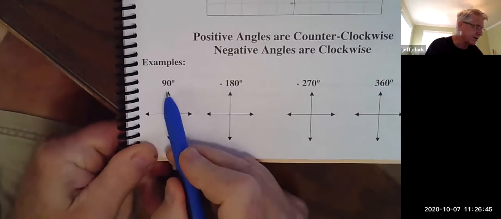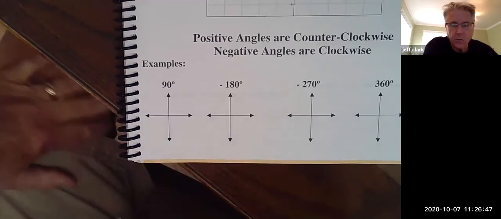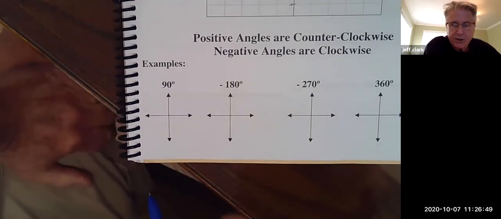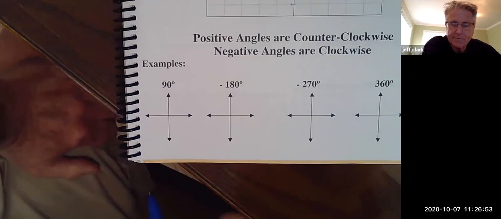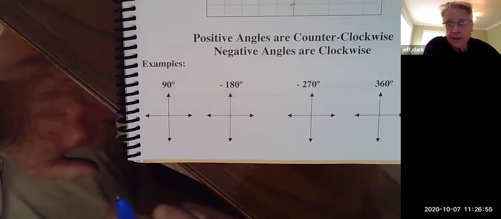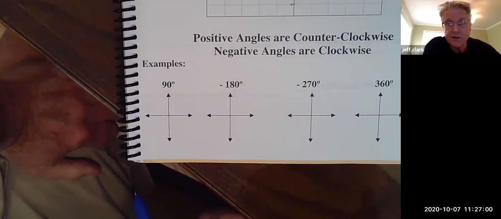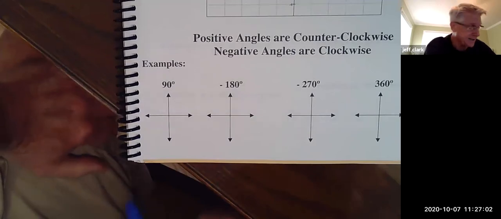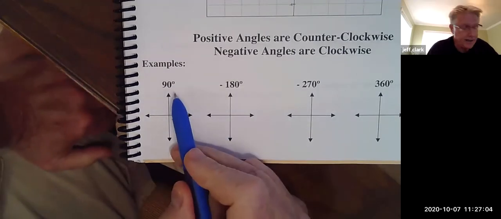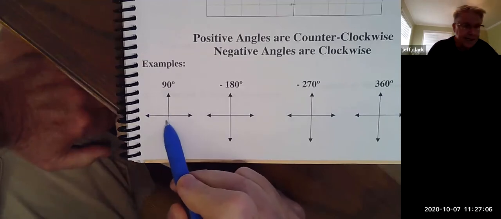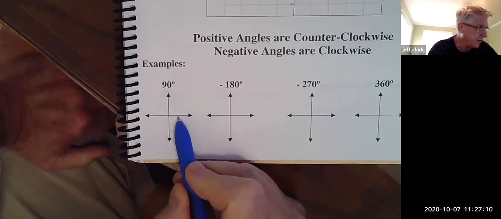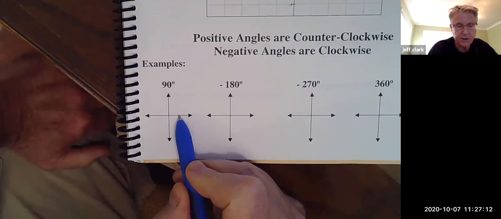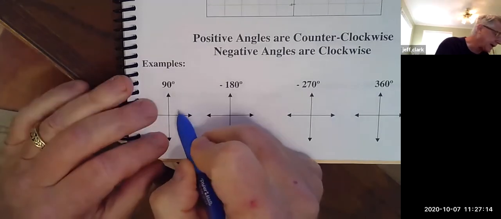So for instance, here's your XY axis. We always start on the positive x-axis when we indicate the look of an angle in standard position, as they call it. An angle in standard position always starts at the positive x-axis. So when I draw 90 degrees, even though 90 degrees looks like it's down here in quadrant 4, in our course, I always start with the positive x-axis and draw it.